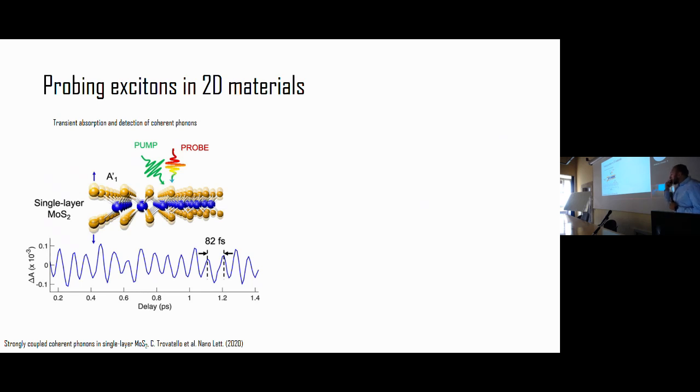And another kind of experiment that you can do, where the setup is very similar, and this was also introduced yesterday by Enrico, is where you go with a pump, and then you measure differential absorption or differential reflectance, and you observe that your signal is vibrating. If you choose an energy and plot the value of the differential reflectance or absorbance, depending on your setup, you see that it's oscillating, and of course, these are not random oscillations.